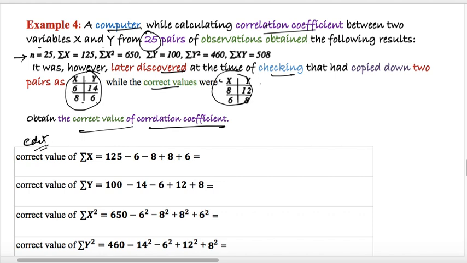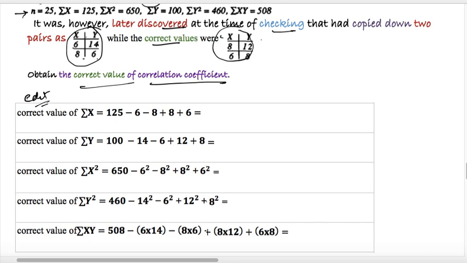With the help of the sums: the previous sum of x is 125, and these are the wrong values and these are the correct values, but both are the same in sum, so our answer will remain 125. Now for y, which was previously calculated as 100, the y values are 14 and 6, so we delete 14 and 6 and add 12 and 8.